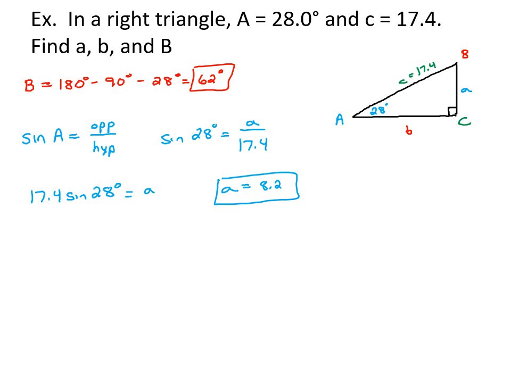Side B is the adjacent side to 28. So I'm going to use that cosine of A would be the adjacent over the hypotenuse. And say cosine of 28 degrees is B over 17.4.